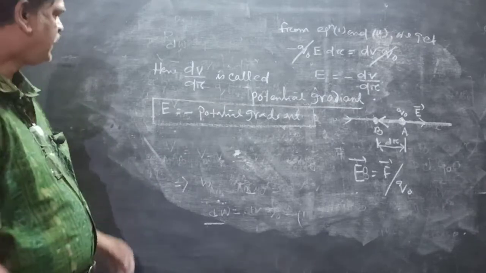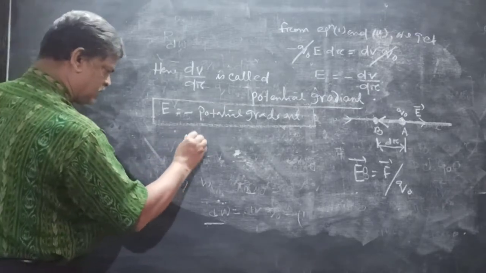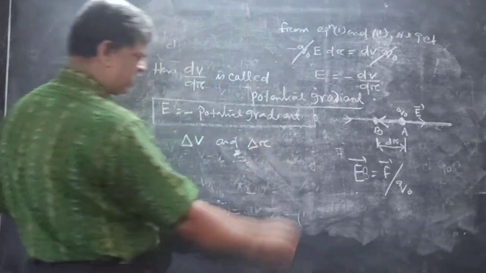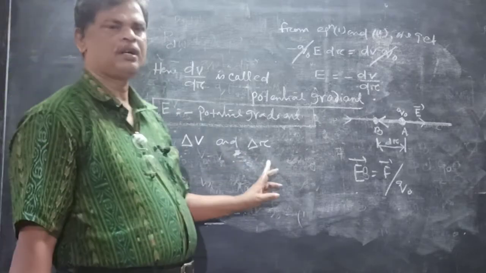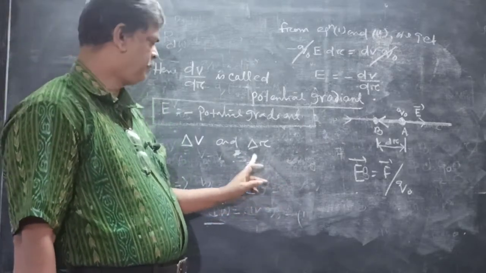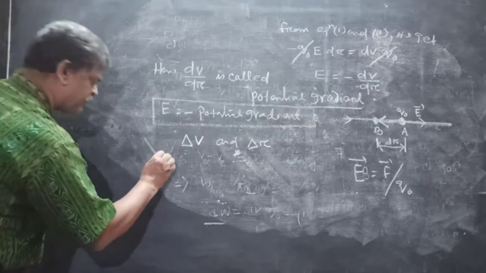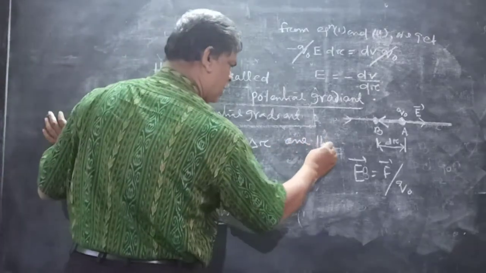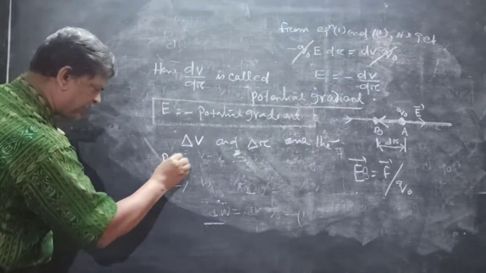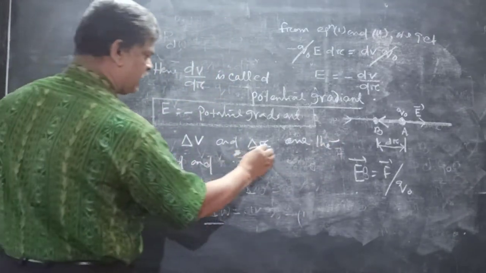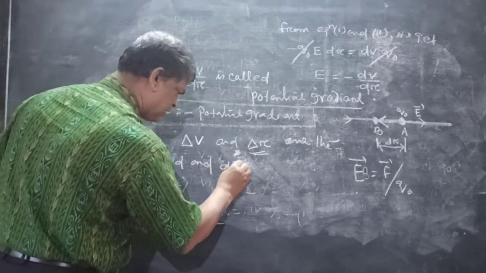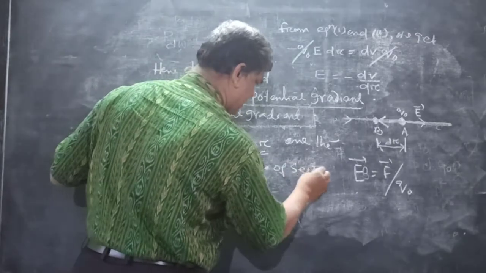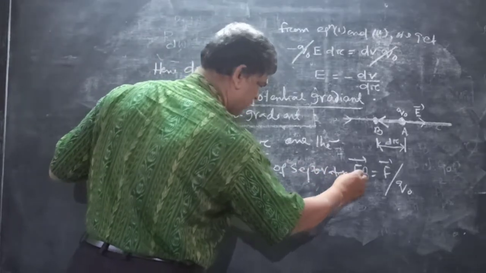If we write delta V and delta R in this case, they are the potential difference and the distance of separation between two points.